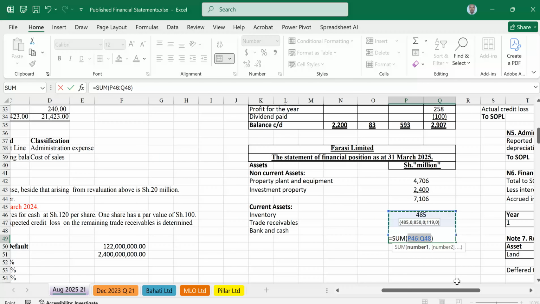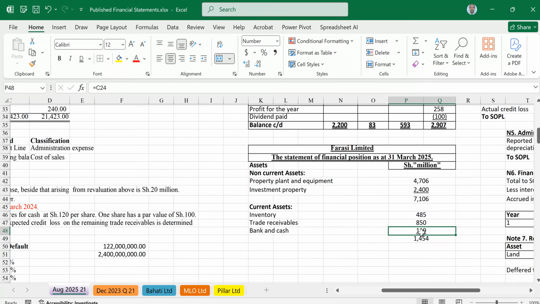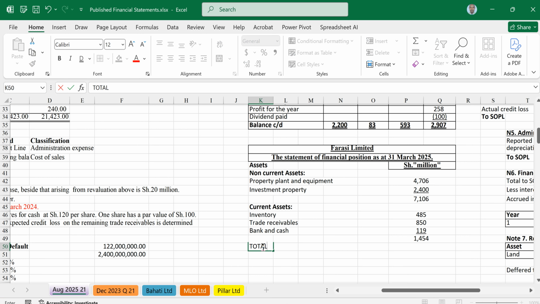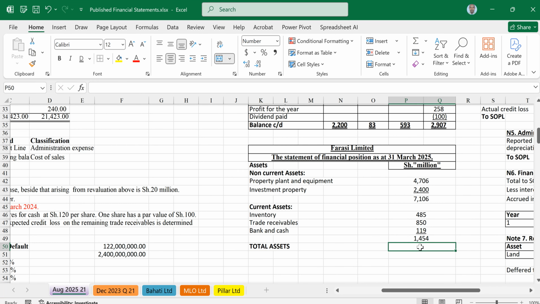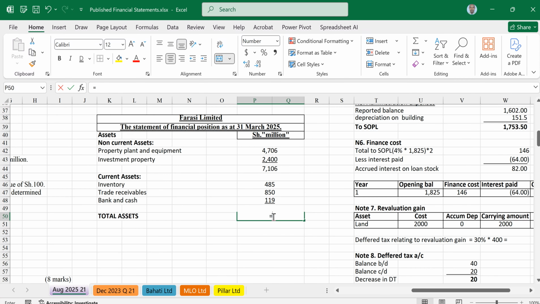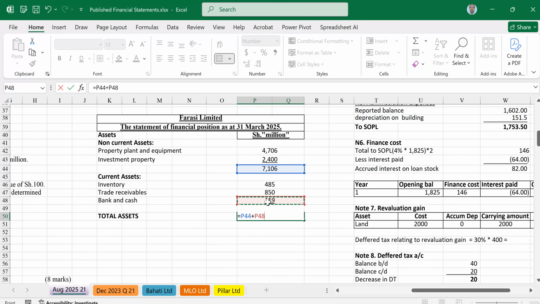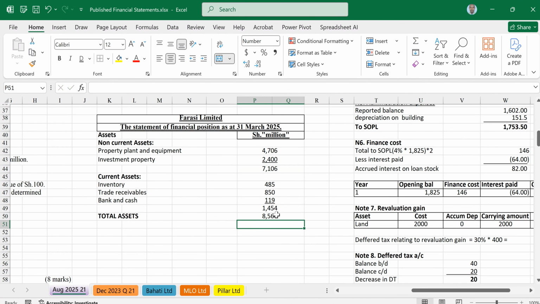Current assets, total assets. Mwalimu, kindly pardon on the trade receivables. Now total assets will be 7106 plus the other one. Total assets is 8560 because we are taking the total of 7106 and 1454. That is the total assets.